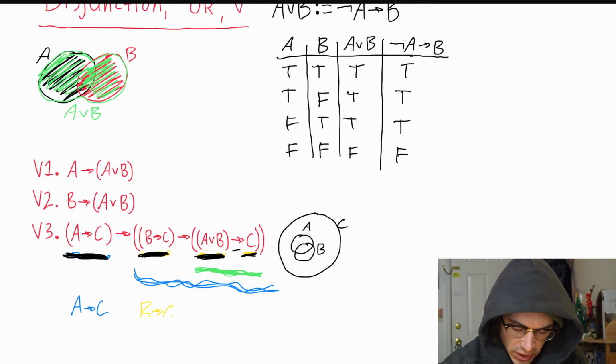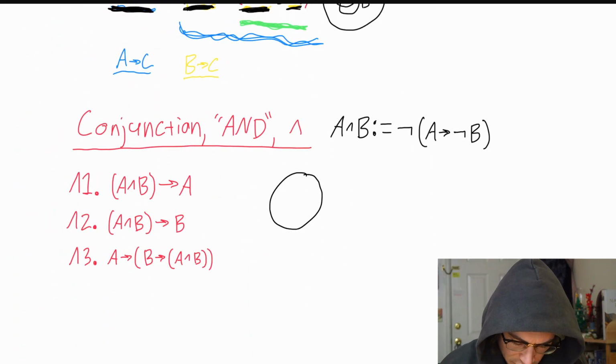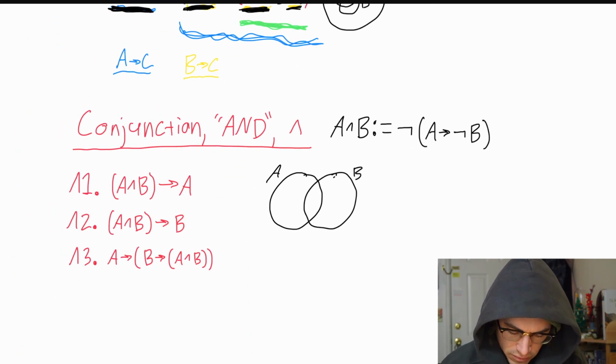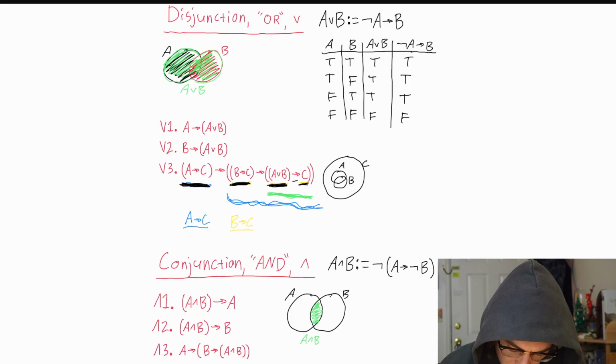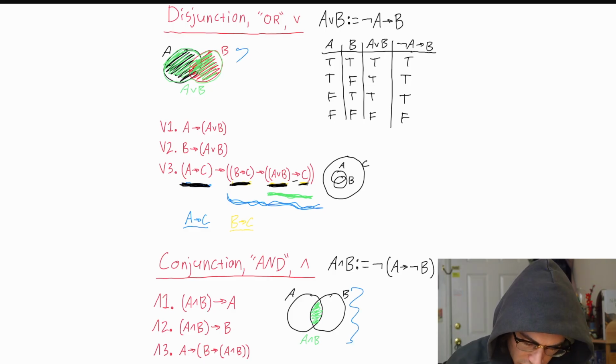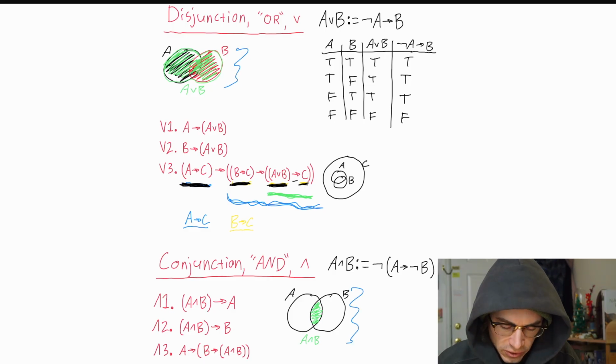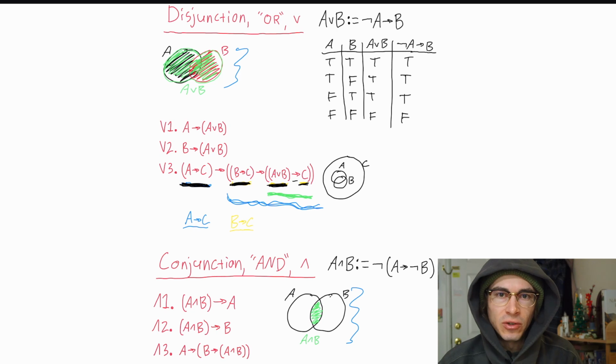Now let's do the same thing for conjunction. If A is this circle and B is this circle, then A and B is in here. You have to have both. Now, if you'll kind of compare these two illustrations, just look at them for a minute, see if you notice anything.